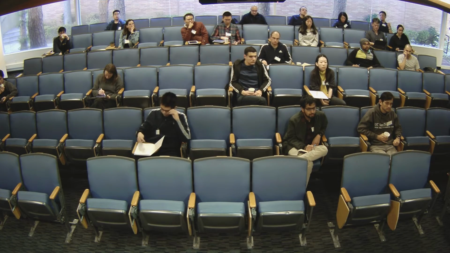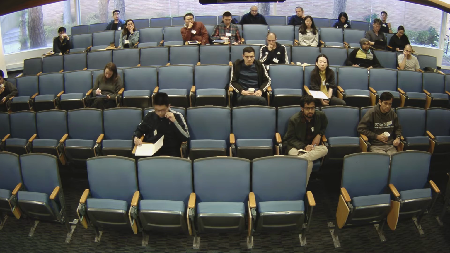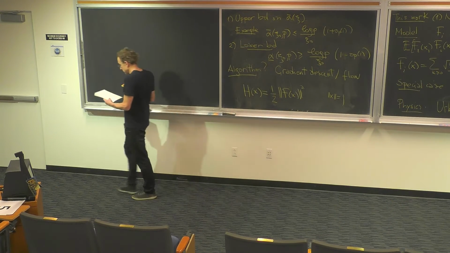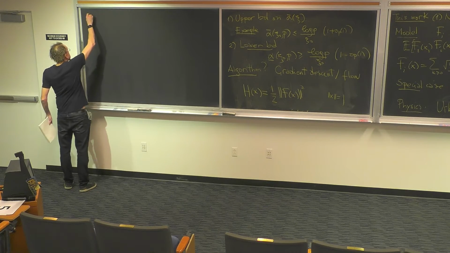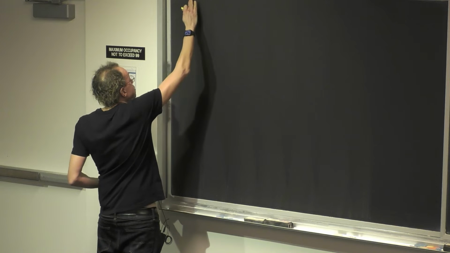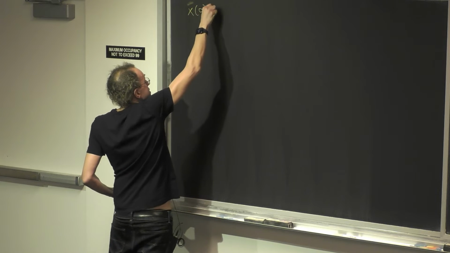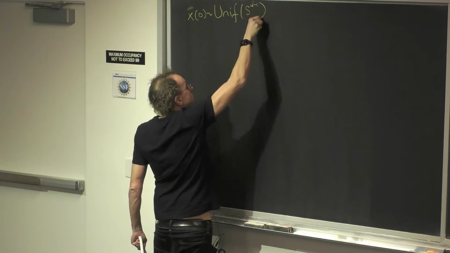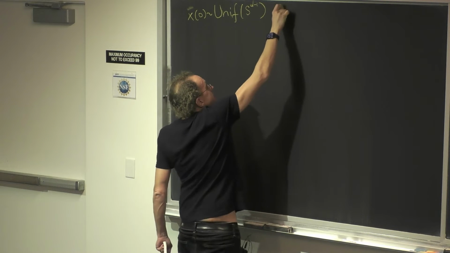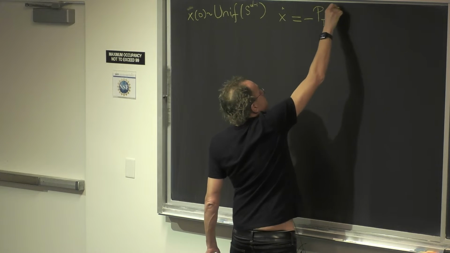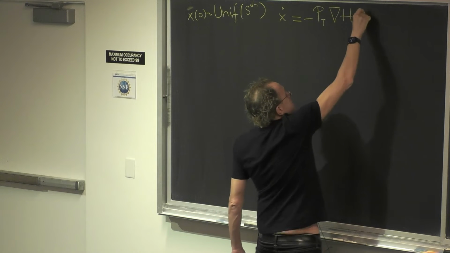Sorry? Yeah, the constraint is norm of x equal 1. So really what we do is projected gradient descent or gradient flow on the sphere, Riemannian gradient flow. So let me write the result for gradient flow. Just explicitly, we start with a point uniform on the sphere, and then we run x dot equal minus the projection on the tangent space of the gradient.